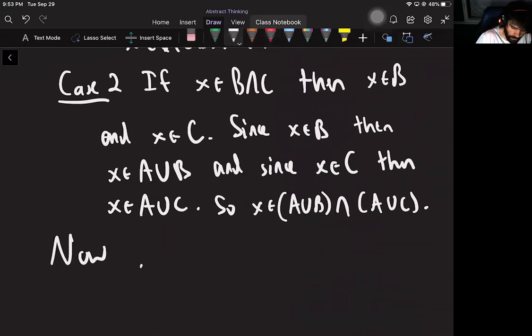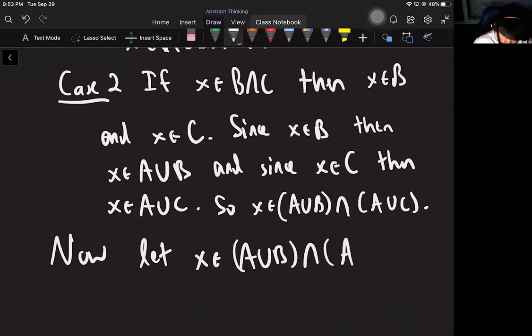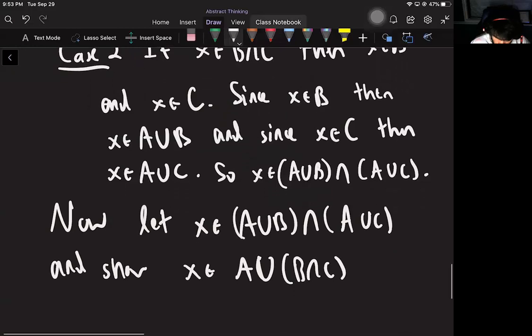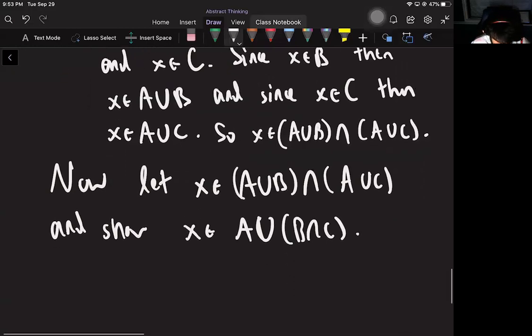So now let X be in the other set, and show, as a result of that, that X is in the first set, which was this one. So same idea.